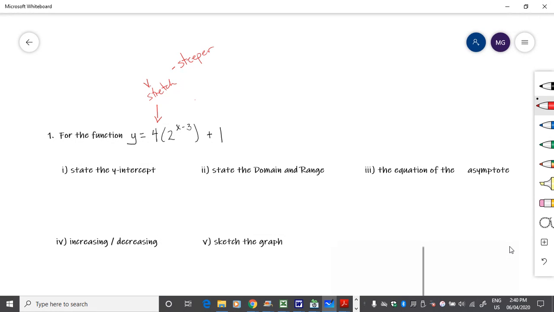That -3 on the inside of my exponent, inside being horizontal, means that I need to shift my graph to the right because of the subtraction. And lastly, my +1 on the outside of the function, outside meaning vertical, means that I am going to shift my graph up.